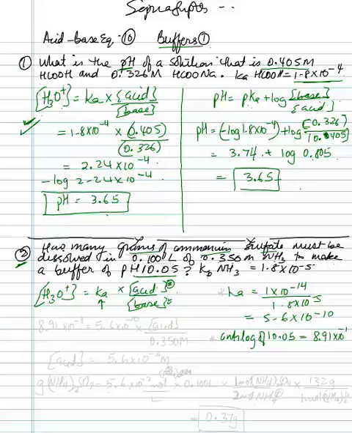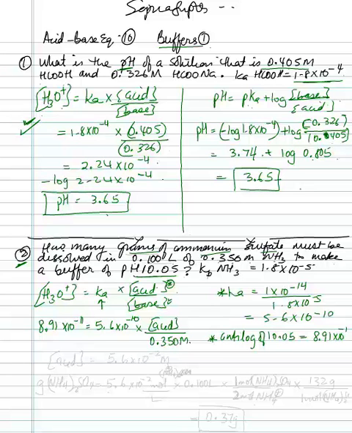Okay, so those are what we need in order to get started with this problem, and then we shall calculate the acid concentration that we need. So H3O plus, which is 8.91 times 10 to the negative 11, is equal to Ka, which is 5.6 times 10 to the negative 10, times the acid, and acid is what we're looking for, and the base concentration is given to us, which is 0.350 molar.